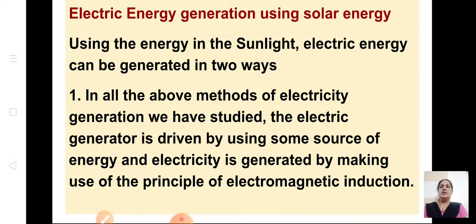Okay. So in the previous methods, we had studied that the electric generator is driven by using any of the energy sources, either water or steam, and making use of electromagnetic induction. The turbine is rotated with any of the energy sources.